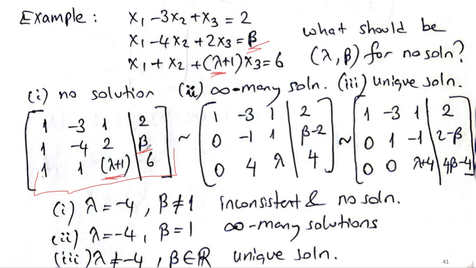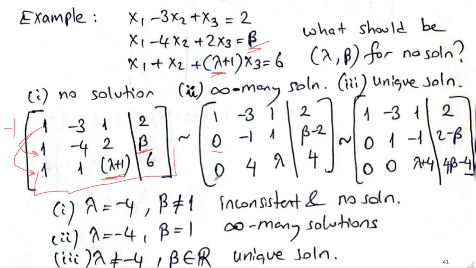But we can start as usual and try to get the leading term in the second and third rows equal to 0 by doing some row operations. The row operation we can think about is we can multiply the first row by minus 1 and then add to the second one, and then we can also add it to the third one. That will make these leading terms equal to 0 here.